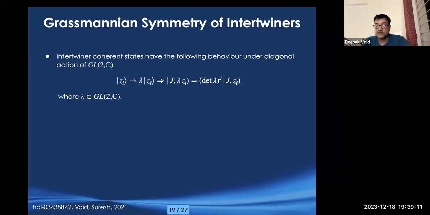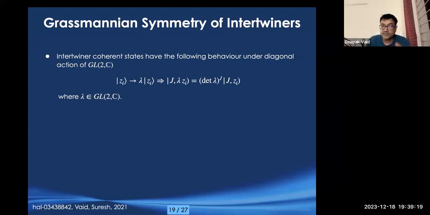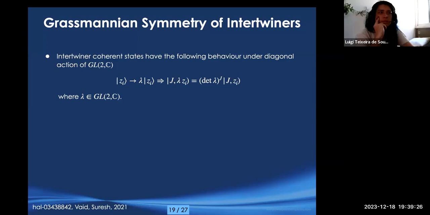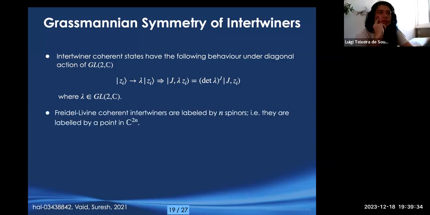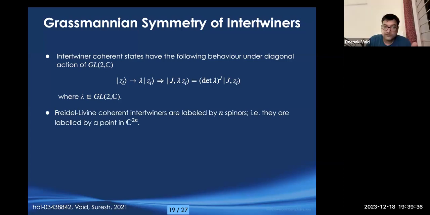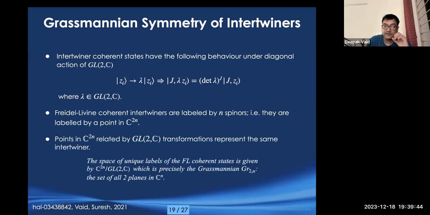It picks up a factor of determinant of lambda to the power j. So if lambda is in SL2C, then the determinant is 1 and the coherent state doesn't change. So these are the coherent states of quantum geometry, and they have this Grassmannian symmetry.